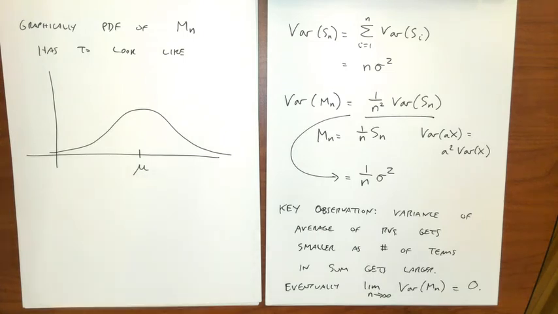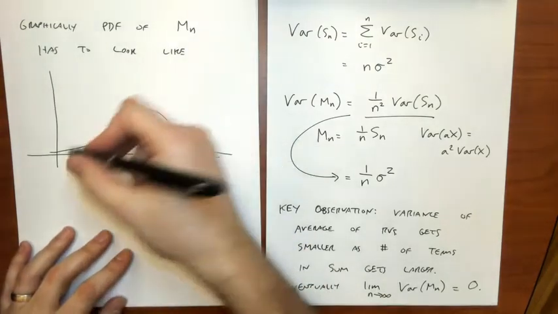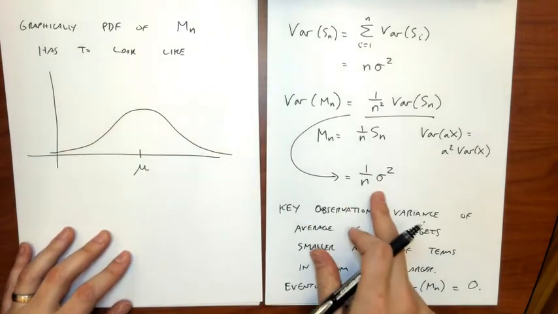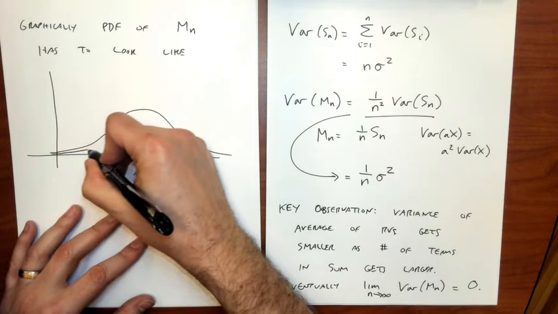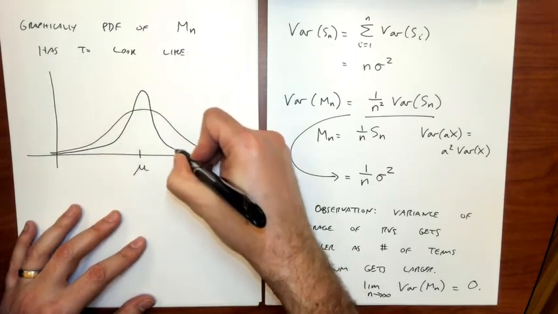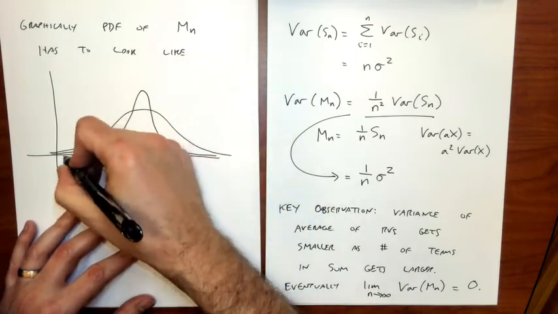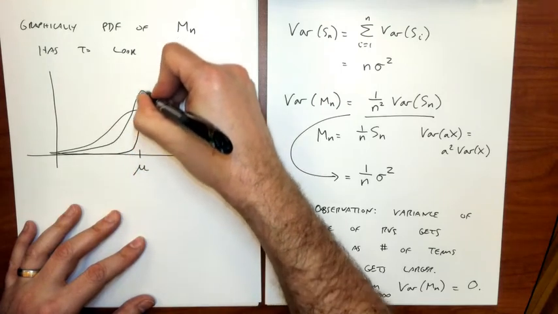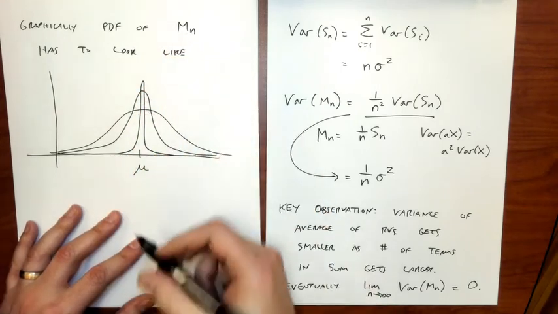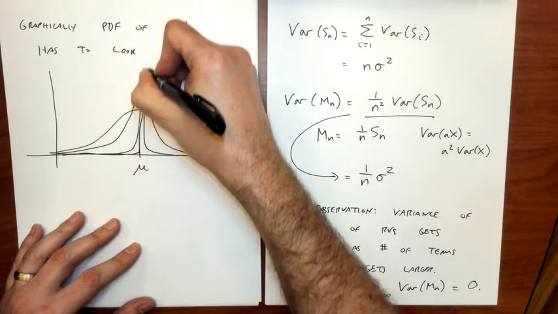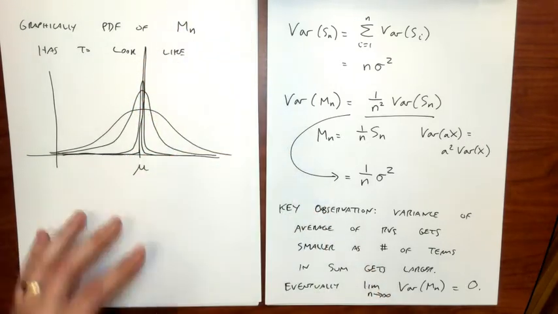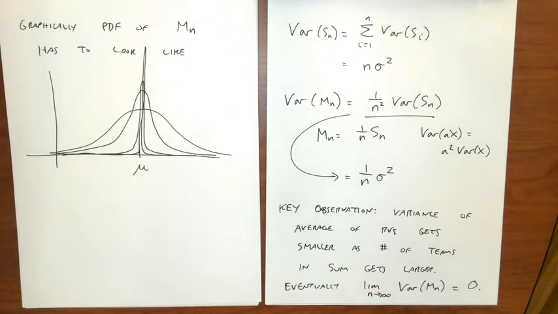Now, as I start adding more and more observations, the variance gets smaller and smaller. And what this means is that with every new observation, I tighten up this distribution, right? The variance gets less and less. And eventually, what I would expect to happen is that I get a really sharp spike right around the mean, almost like a delta function around the mean.